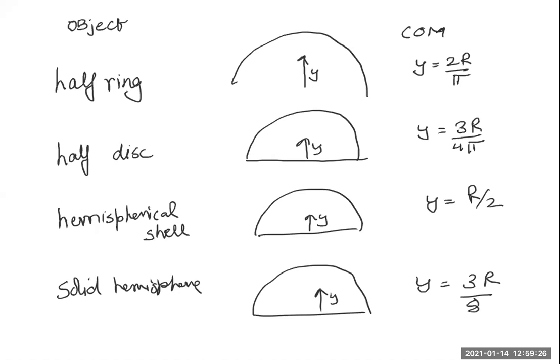Now that we have discussed the techniques, it is expected that you should be able to find the center of mass of objects, whether they are uniform or non-uniform. So first, let's try a non-uniform object.